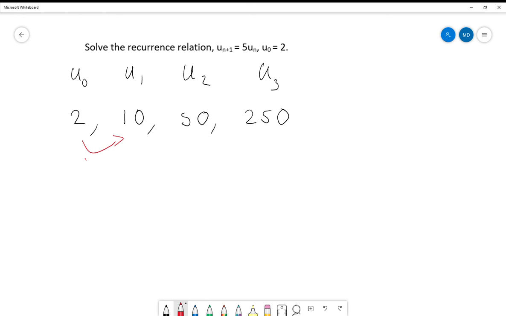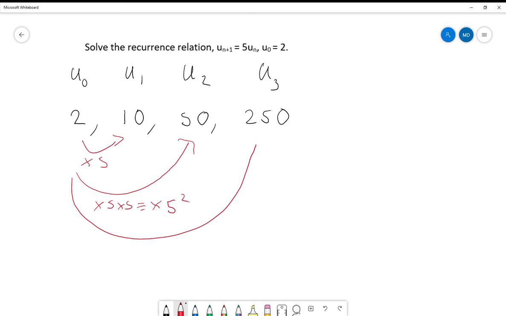Well, here I multiplied by 5. Here I multiplied by 5 twice, which is the same as multiplying by 25, or, to put it another way, 5 squared. Here, to get to this, I multiplied by 5 3 times, or 5 cubed.